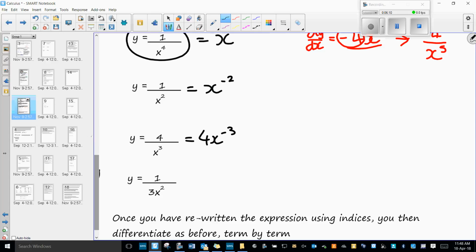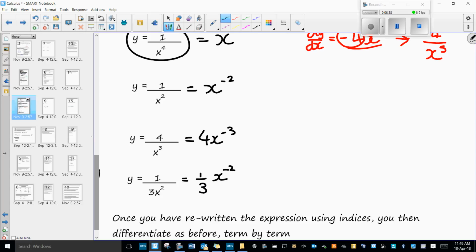Do we want to move the 3? We just want to move the x squared. So actually what's going to happen is that this would be 1/3 x to the negative 2. Because just the x needs to move. The 3 must stay underneath the 1. And therefore it's going to be 1/3. So basically you only ever want to move the x.